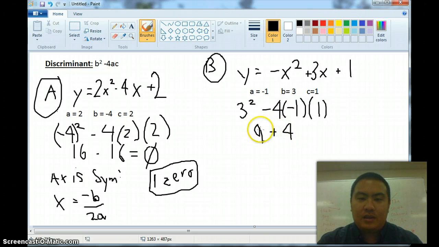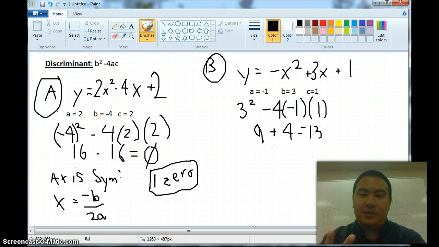Okay, and that looks like it's going to be 13. Alright, so if it's positive, I recall back in my notes that I have 2 zeros, or 2 solutions, 2 times where the parabola is going to hit the x-axis, so 2 zeros.